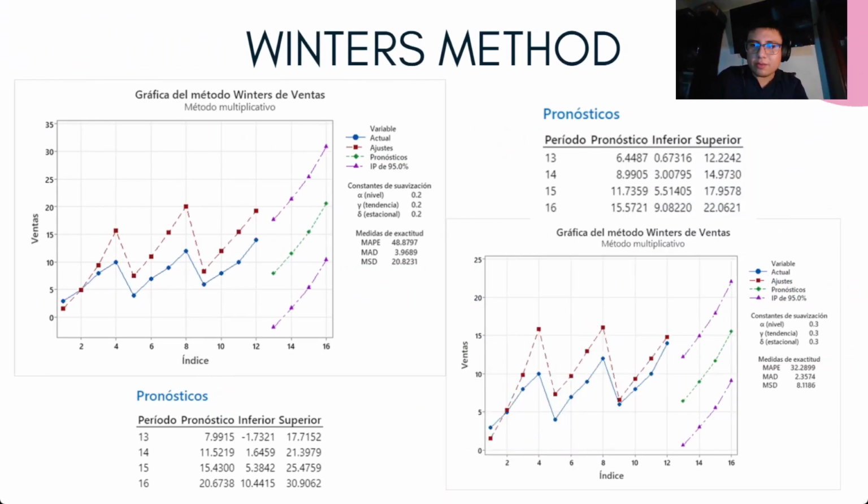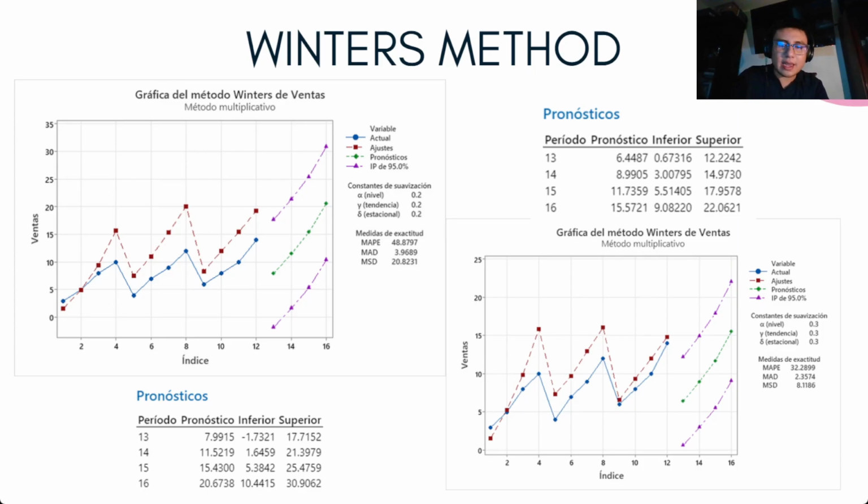Here we have Winters' method. Winters' method is a better exponential smoothing method and can predict seasonality. So here we try a multiplicative method and an additive method, and we vary all these smoothing constants to get the best model, the model with the lowest MAPE.